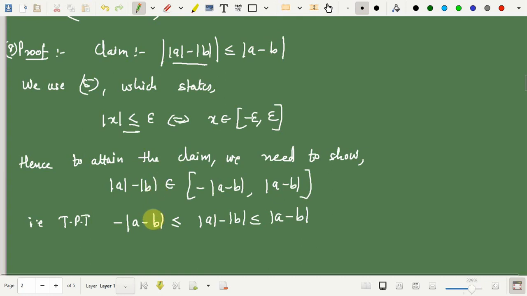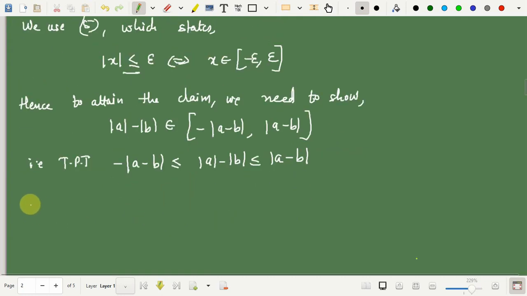So how do we do that? For that we consider first, I mean this is a bit constructive, we use a certain trick to prove this. So what I will do is consider mod of a, and I would write this as the sum of two real numbers. How is it possible? So I will balance this by b. So I will write this as a minus b plus b, right?